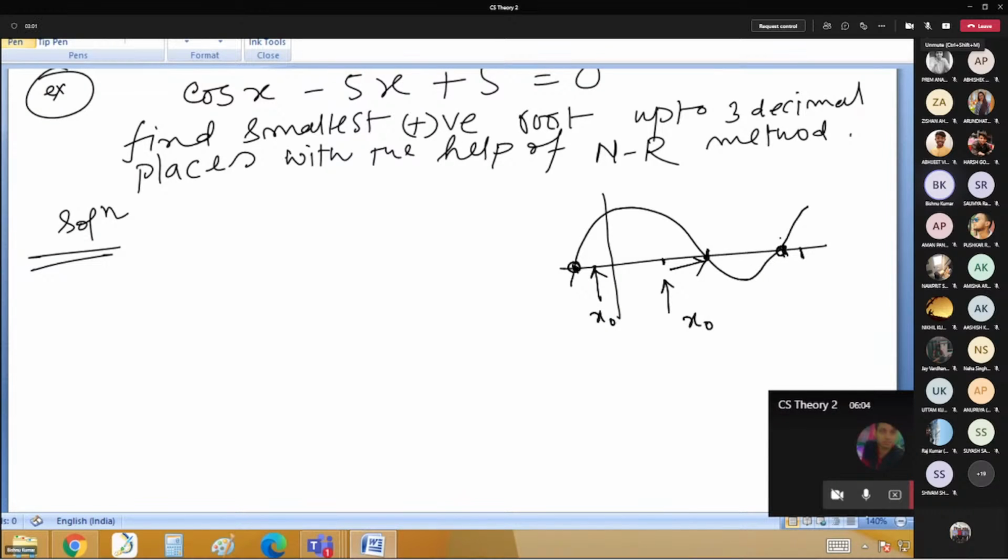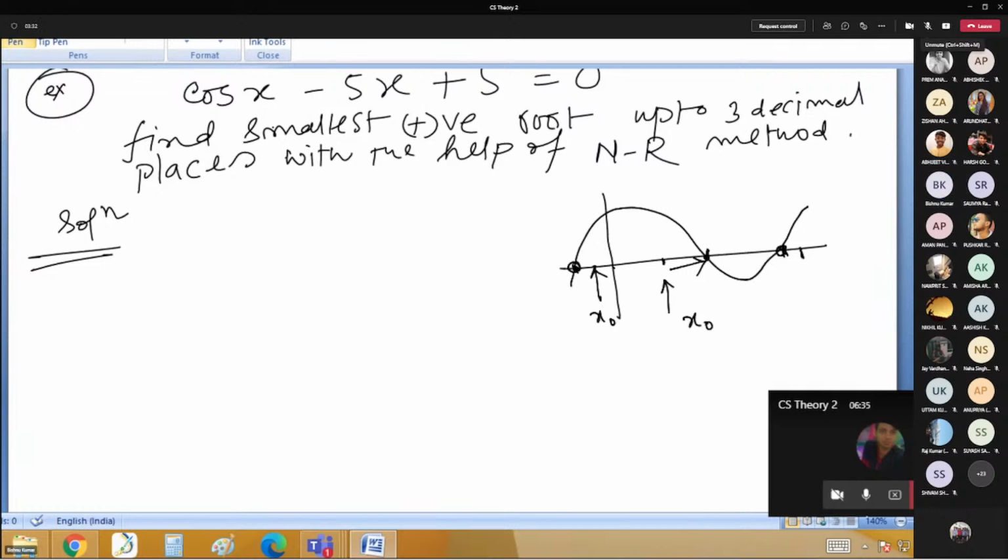So in the question, at least some information will be given to you: find the smallest positive root, largest negative root, or sometimes the real root. So you search from the origin to the right-hand side at any 2 points, and when you get 2 points where the function changes sign, you keep the initial value between those points.